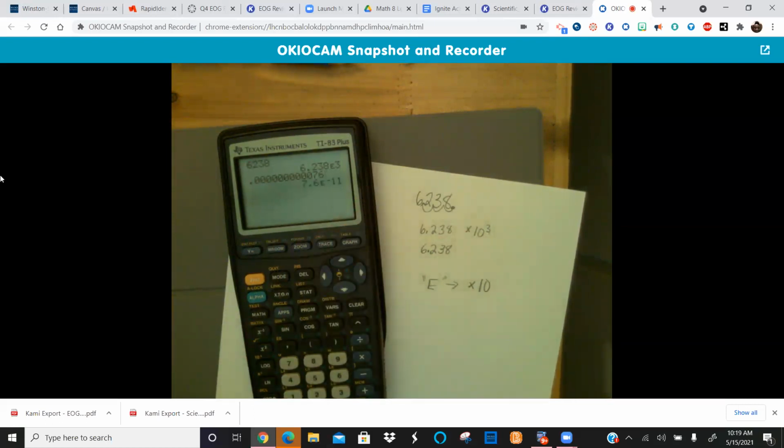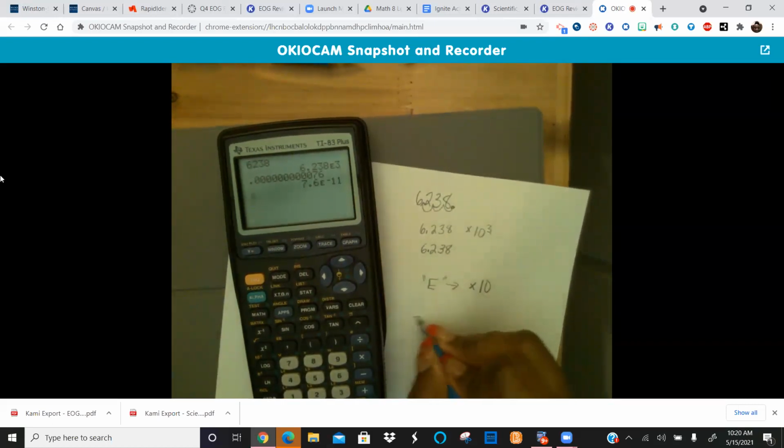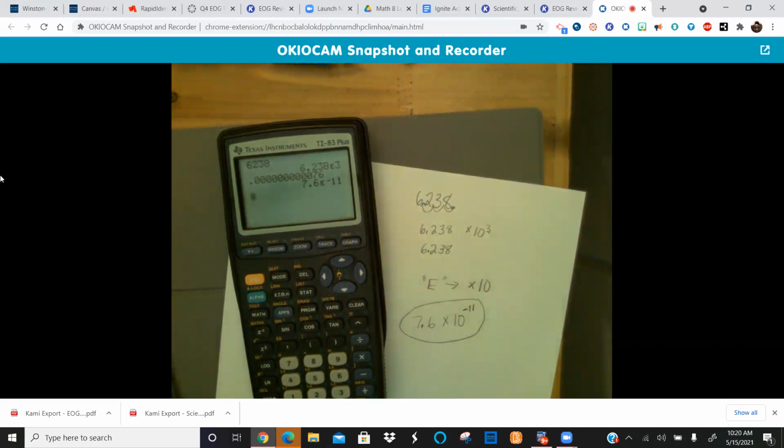So press enter, and this is what you get. This is how the calculator writes it in scientific notation. 7.6 times 10, because that's what E is, times 10 to the negative 11 power. Are you all right with that? Yes, ma'am. All right.